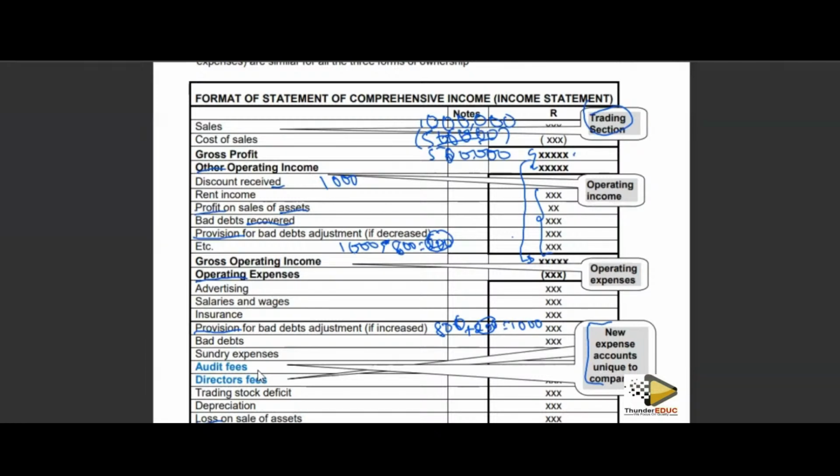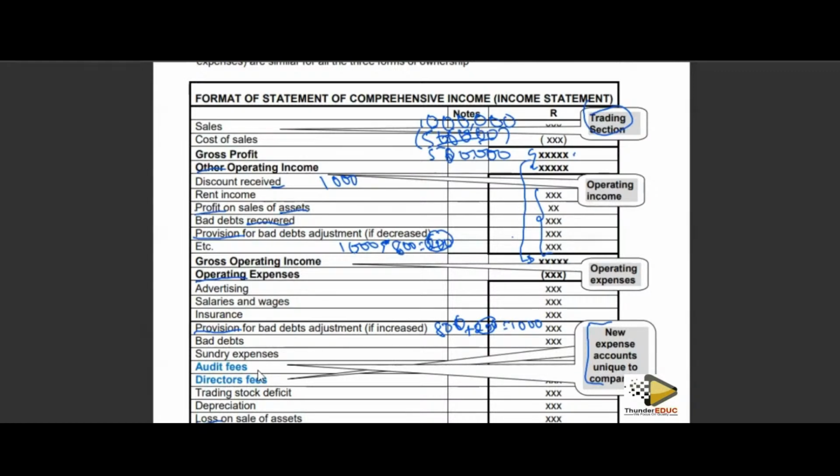It's not compulsory for them to prepare them and have them audited. But public companies must be audited. So the audit fees which we pay the auditor are recorded under an expense.